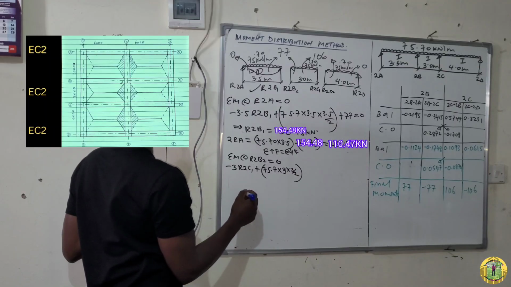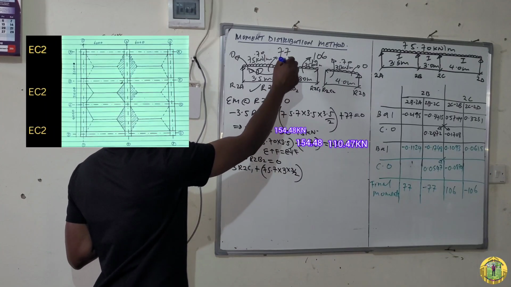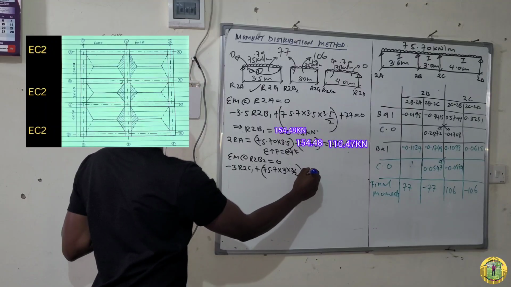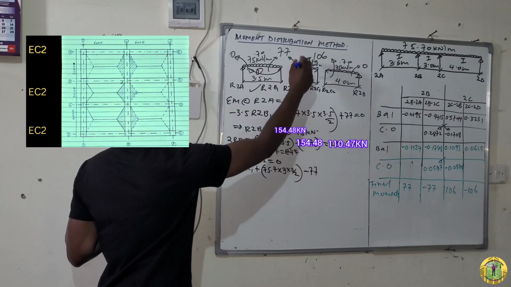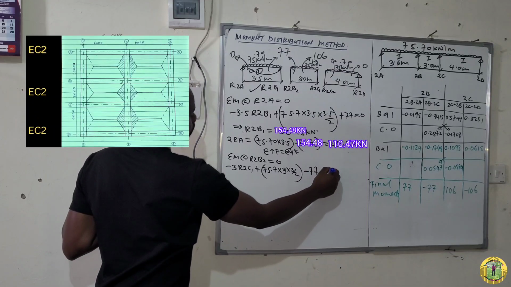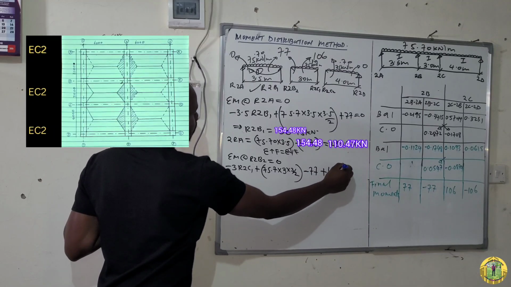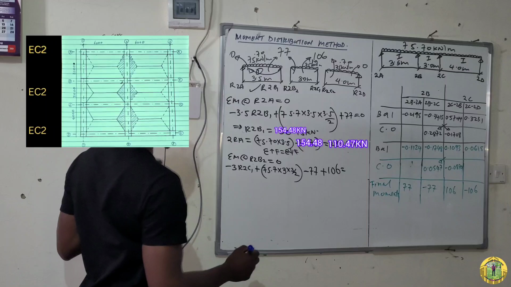Then we come to the moments. We start with this one, 77, it is in the anti-clockwise direction, so this is minus 77. And then 106, it is in clockwise direction. And then you find your answer.